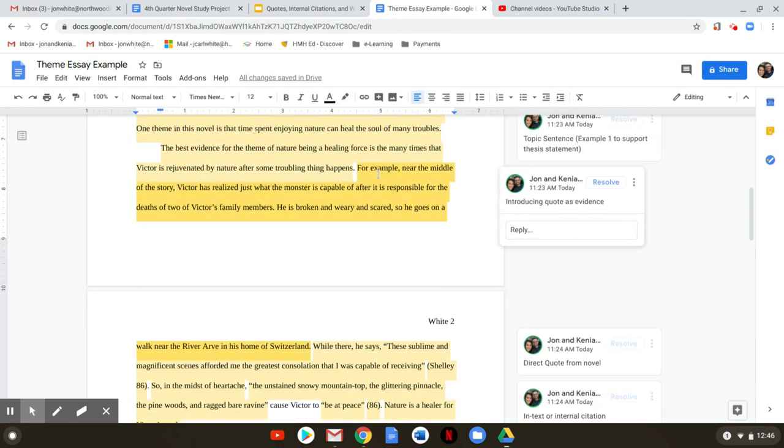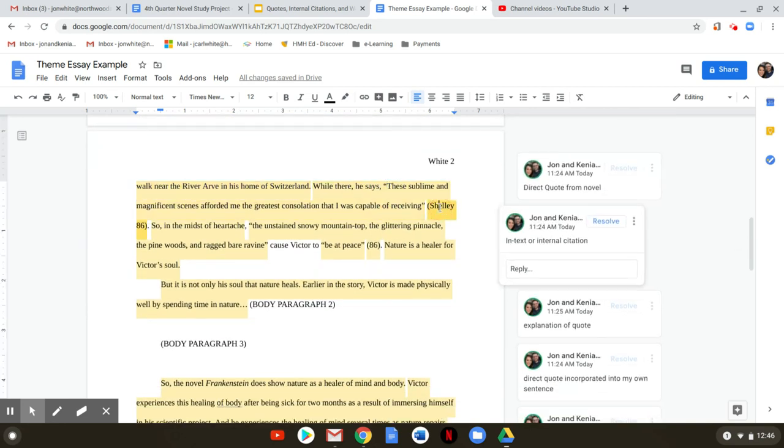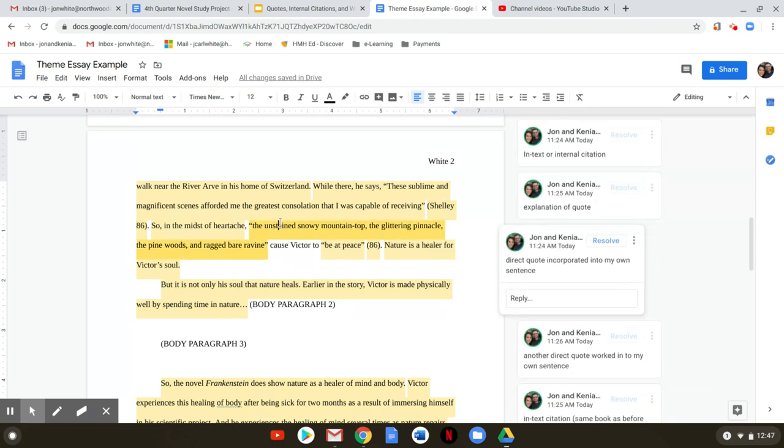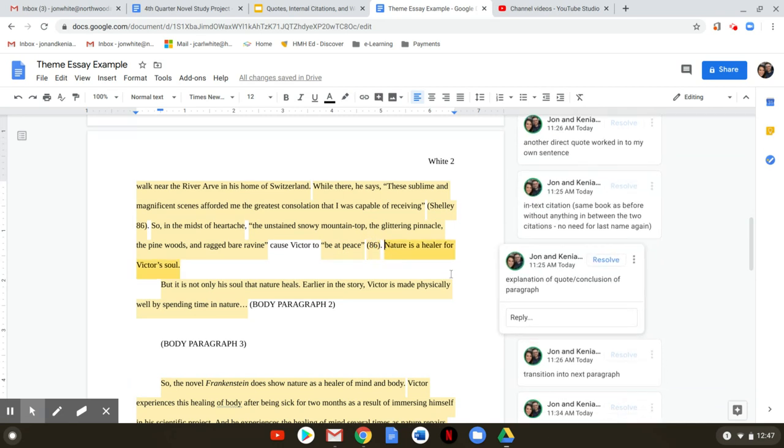It introduces a quote. It uses a quote. It cites the quote. And then in the explanation of that quote, I actually use another couple of fragments from that same page, cite them, and all of that is to say, nature is a healer for Victor's soul. Point one, proven. I have supported my thesis with this first paragraph.